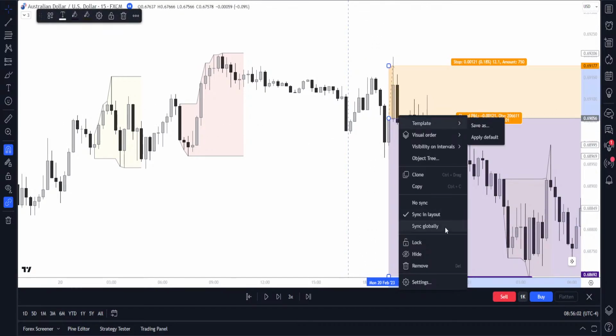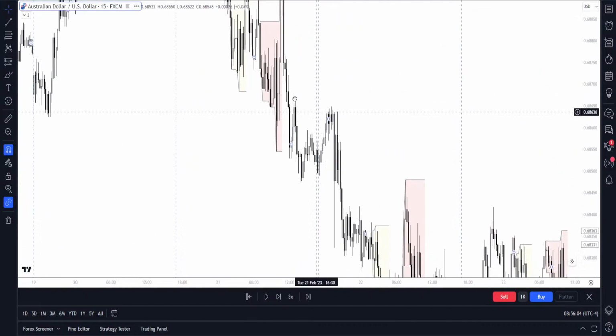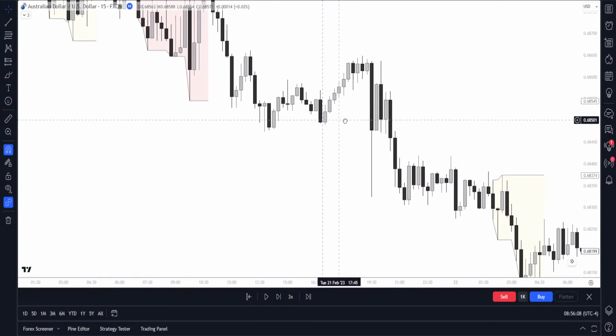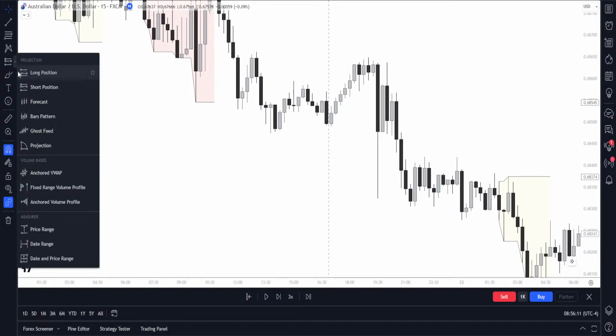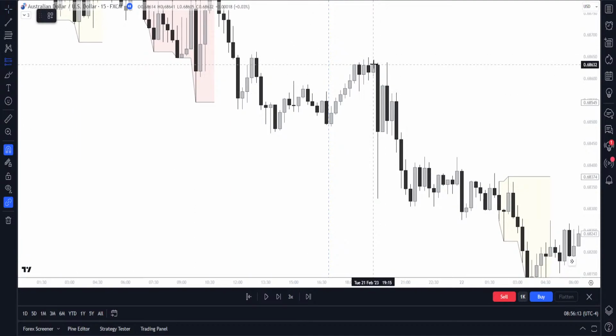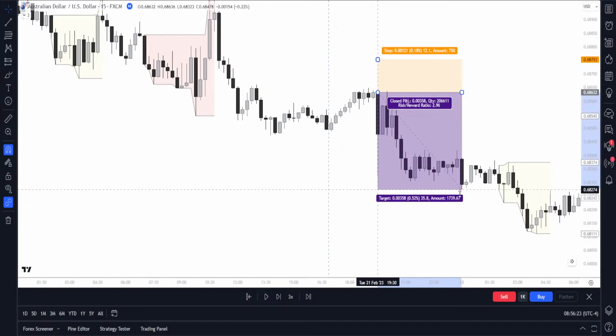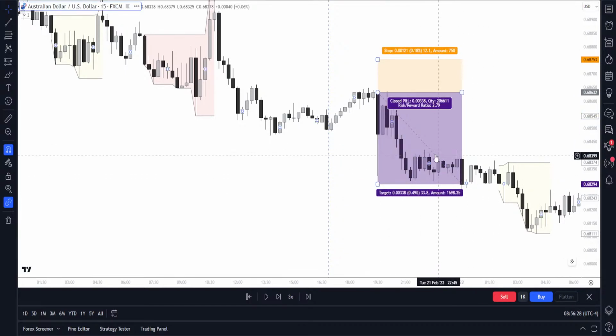Wait, this is the 20th. This is not even the 21st. My bad. Right here. 21st, 7:30. So if you put it in right near the end, and you put your stop loss to 12, not 15, because the USD pairs don't move that much, your 3R would have been hit probably right there, right?